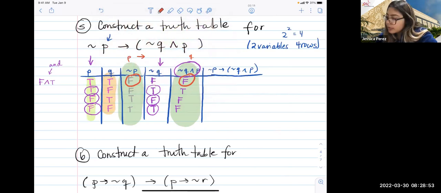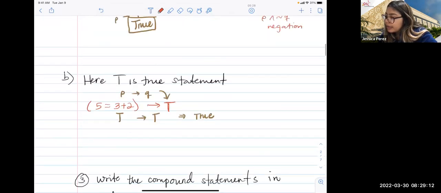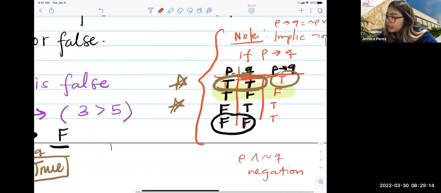Two F's will give me a true. F, T will give me a true. T, F, that's the only one that gives me a false. How do I get that? Again, look at the implication of if and then right here. T, F, that's the only F. The rest are true.